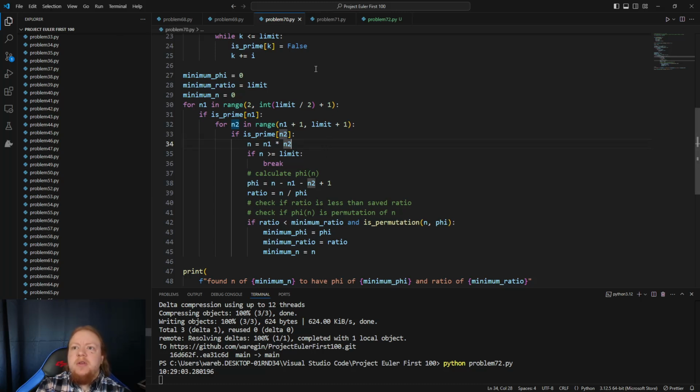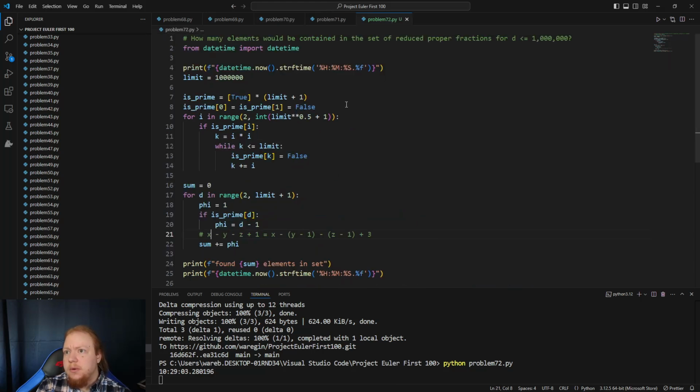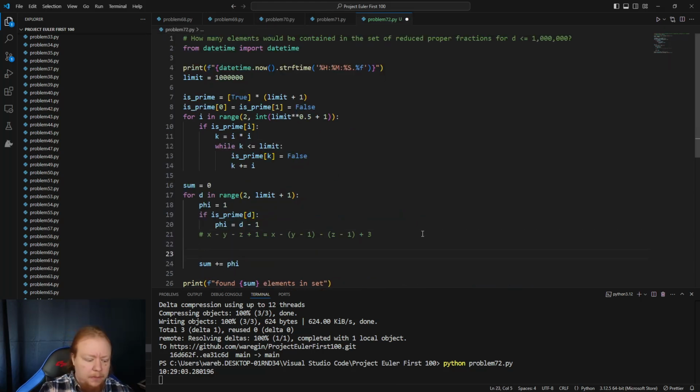So 2 times 11 is 22. So 22 is 2 times 11. So phi of 22 is equal to 22 minus 2 minus 11 plus 1. That is meant to be a 2 there.